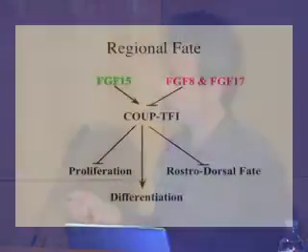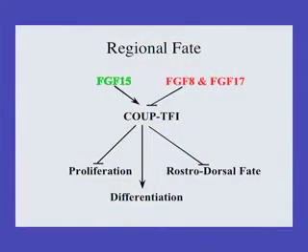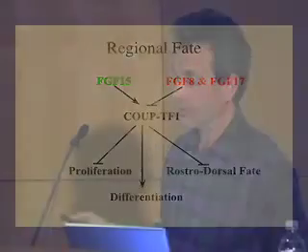I didn't show you that data. And we also think that this system regulates regional fate through suppression of rostral dorsal fate through FGF-8 and FGF-17 functions, repression of COUP-TF1.